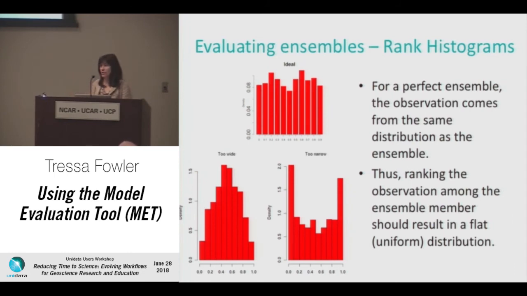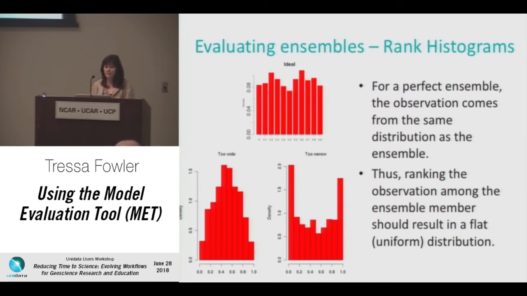The idea is to look at, is your ensemble dispersive enough? And if it is, that means that your observations come from the same distribution as your ensemble does. And you can judge that by looking at a rank histogram. Ideal is flat, but this ideal diagram here is not exactly flat, because whenever you're taking a sample, what we're really looking at is not perfectly flat, but not statistically distinguishable from flat.